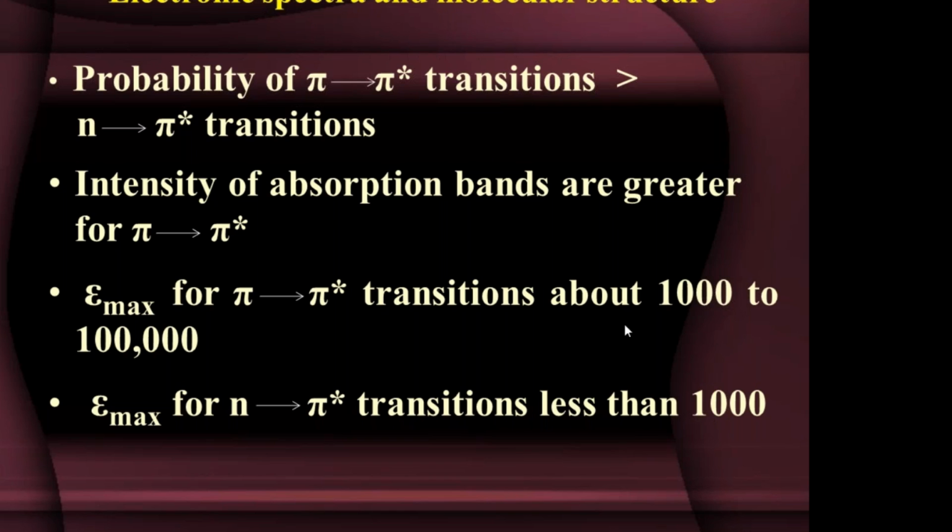For pi pi star transitions it is about 1000 to 100,000, whereas for n pi star transitions it is less than 1000. So you can imagine the difference in the peak heights, the one for pi pi star and the one for n pi star. This represents almost the peak height.